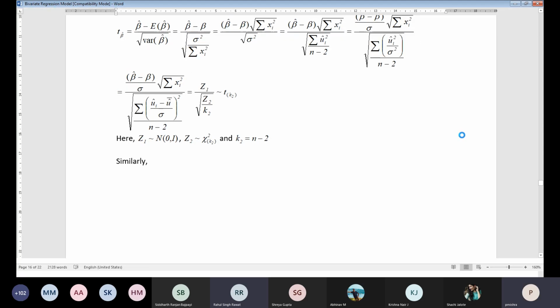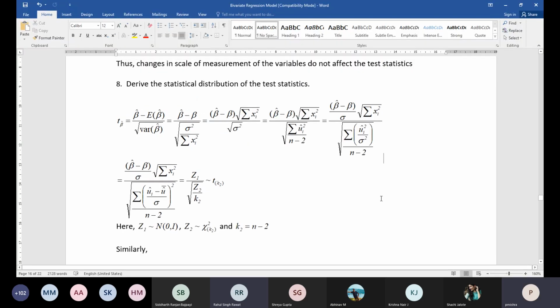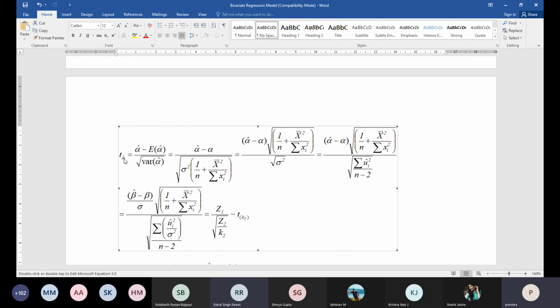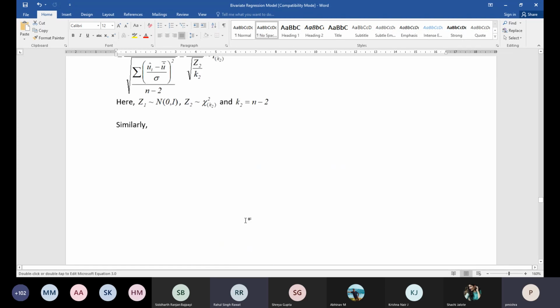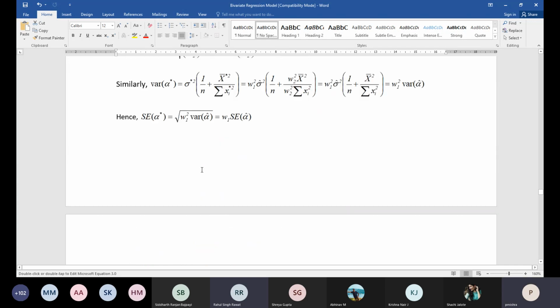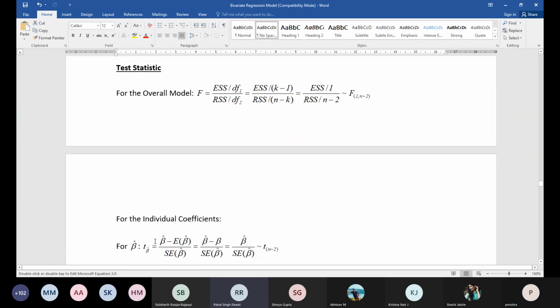Okay. So in the same way, you can derive the distribution for the test statistic for alpha hat. The only difference is the question that I had raised yesterday in the class, if you can recall: if I am writing the test statistic like this, why am I saying this follows t distribution, not z?